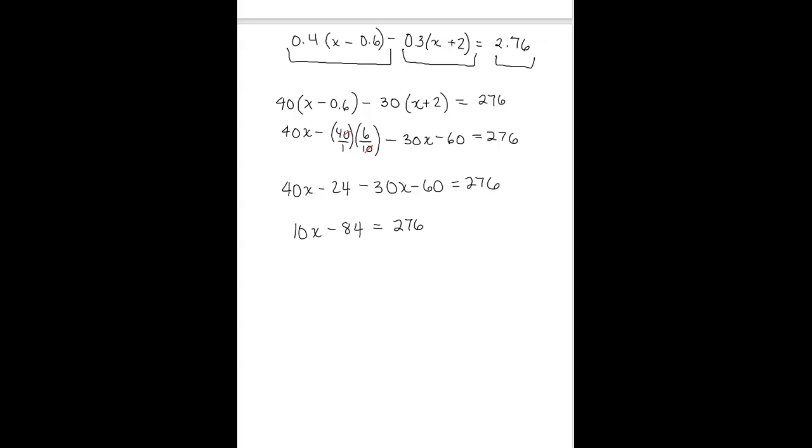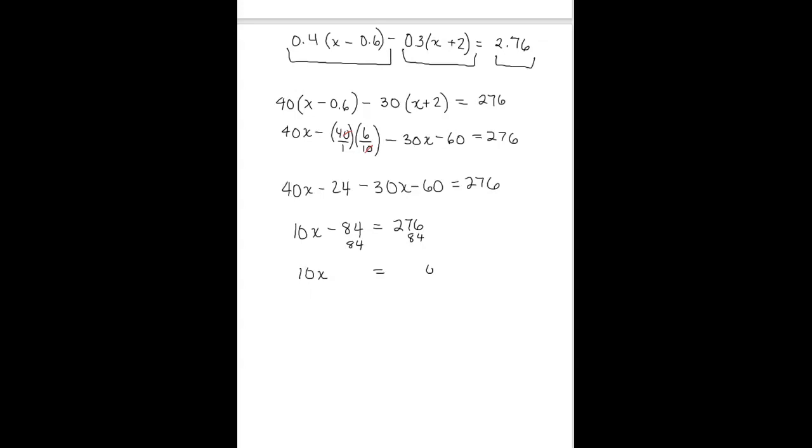When I go ahead and add this 84 to both sides, okay, my 10x, that's just going to come on down. All right, I'm going to add my 84. I'm going to add 84. All right, so this 84 goes to 0, right? These two cancel each other out, which is what we wanted.